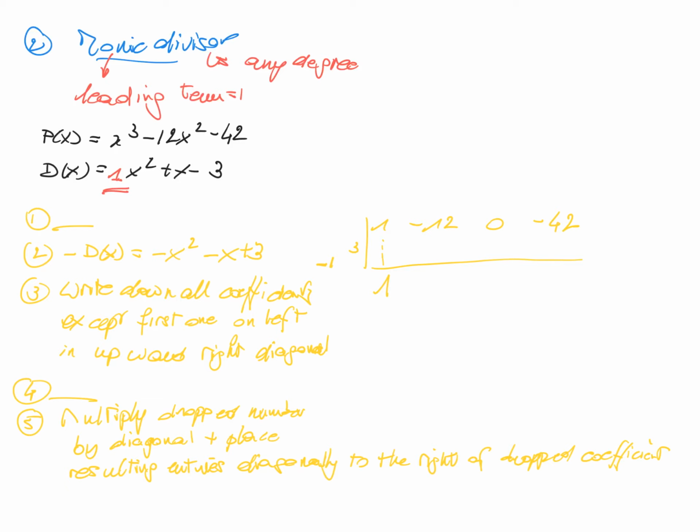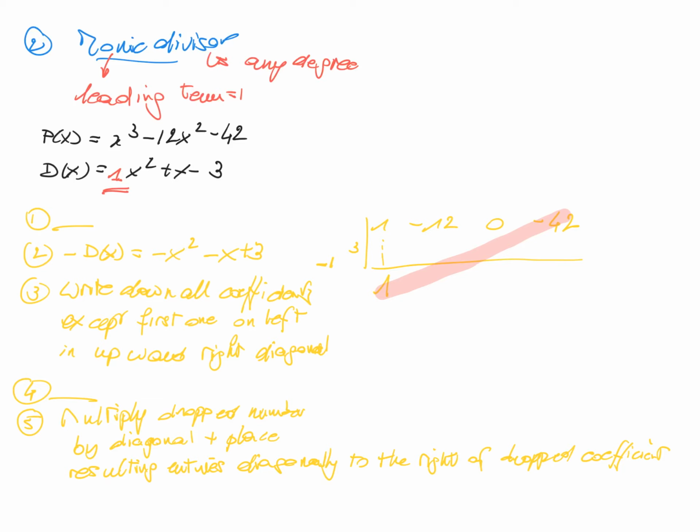So basically it means that we have two coefficients on the right. One of them has to be below minus 12. The other will be written down below the 0. So we write it on a diagonal going from 1 to minus 42. And then we write the lower one first.